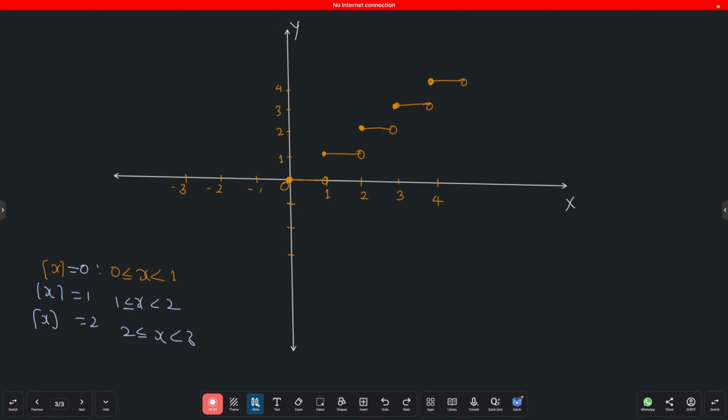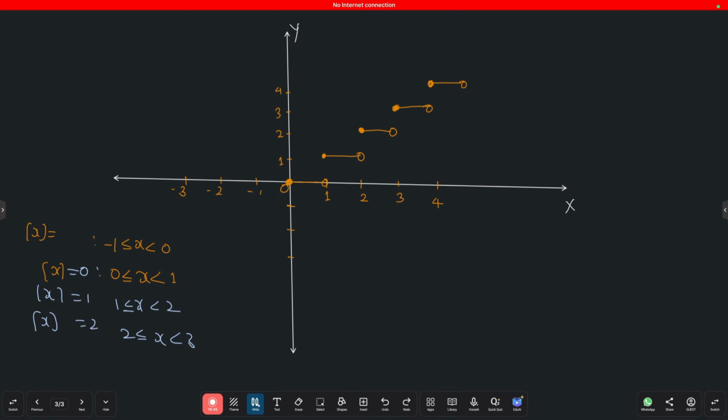And whenever, now can you tell me, whenever x is from minus 1 to 0, then what is the answer? Minus 1. It implies, now this graph is like this. Okay. Here. Okay. And then again this open. This is minus 1, minus 2.